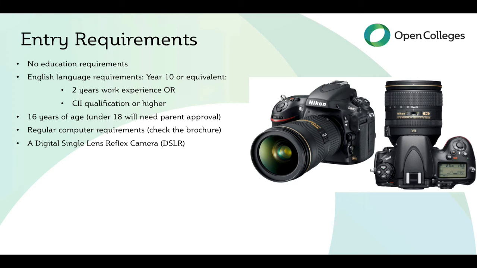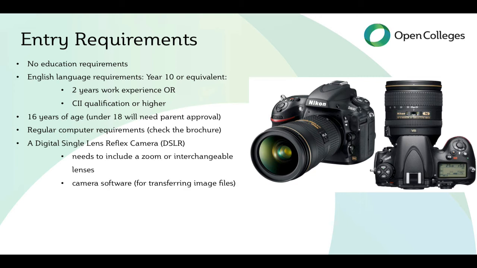It doesn't matter which brand, and the only stipulation is that the camera needs to include a zoom or an interchangeable lens. So a point and shoot camera won't really work in this, and neither will obviously a smartphone, like an iPhone or a Samsung. It is a photography course using a DSLR camera.